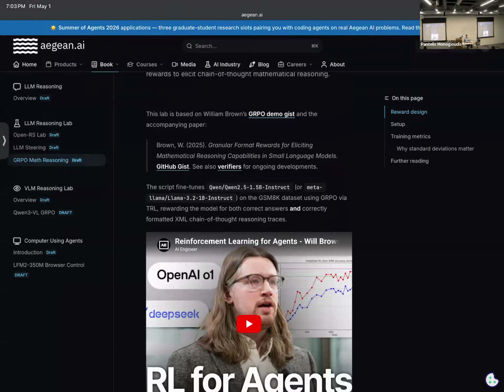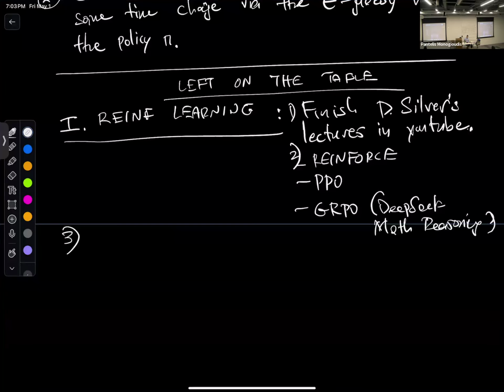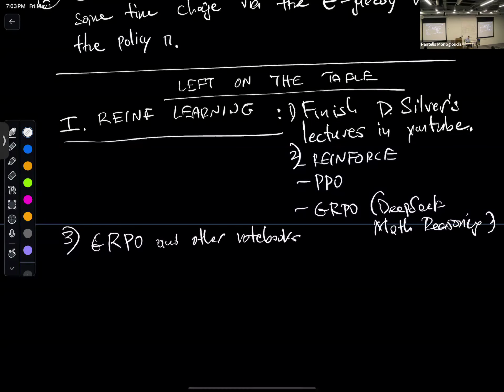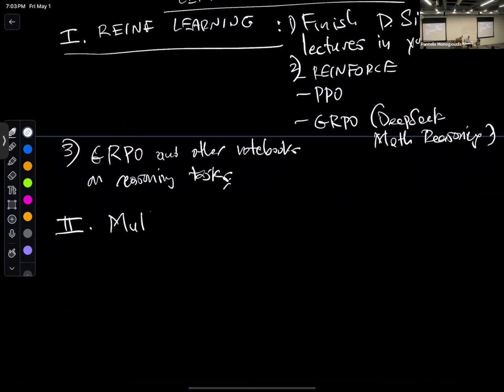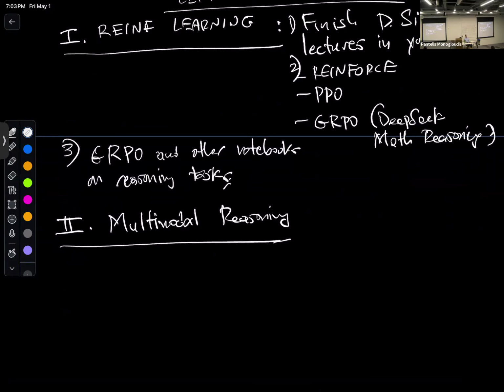Obviously, you also have vision. One other thing that we left on the table, apart from reinforcement learning, so this is called GRPO and other notebooks on reasoning tasks, is multimodal reasoning. I think after this class, if you get an A, you can get very easily to understand multimodal reasoning.